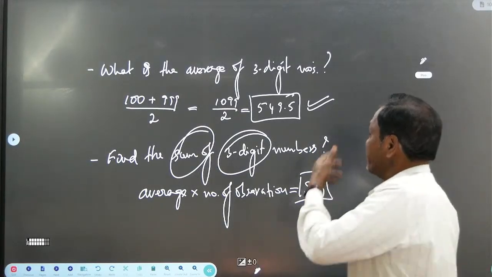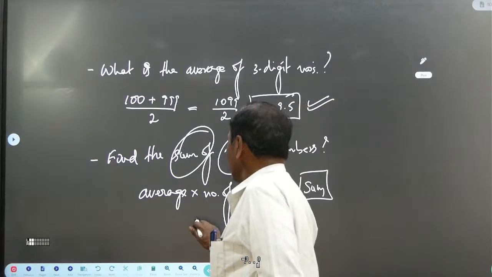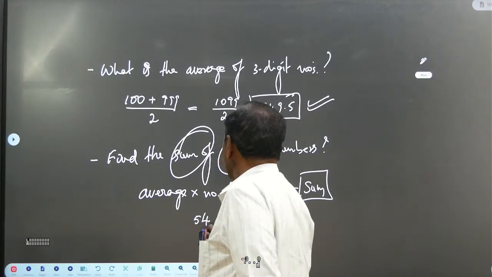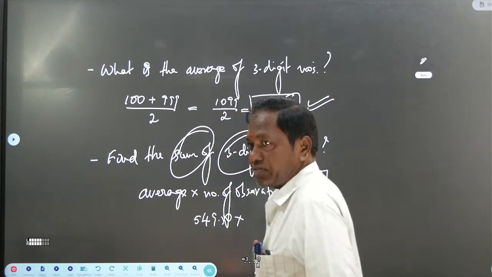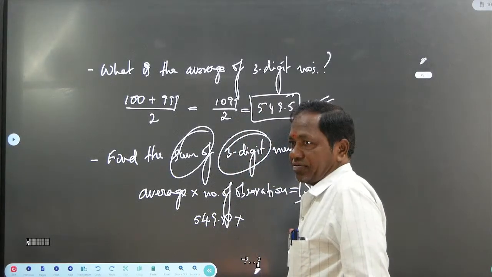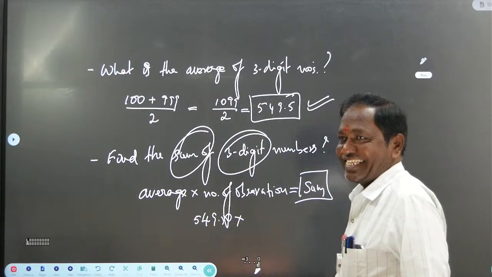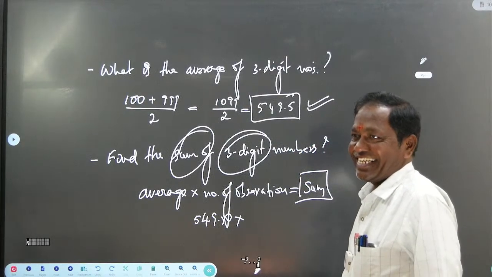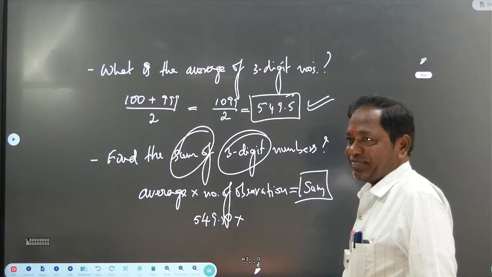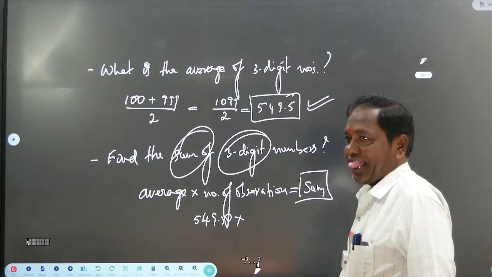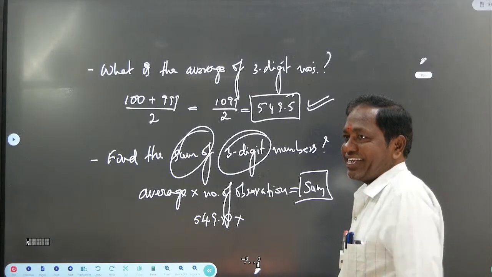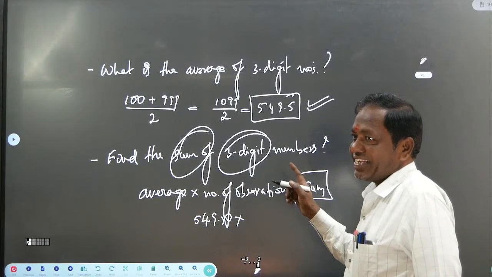Okay, average we already know, that is 549.5, into how many observations are there? 1000 gone. See, that's why. If you take 1000, how is it 1000? You are starting from 100 to 999.